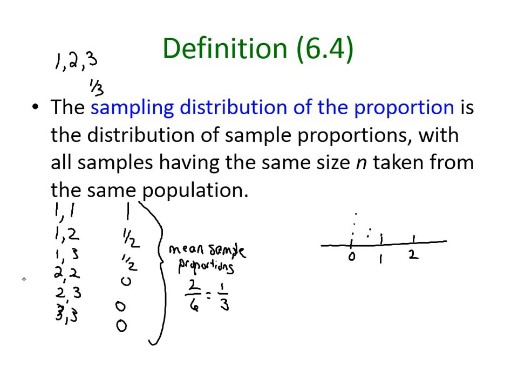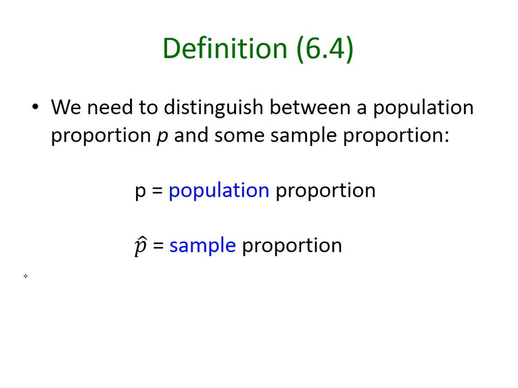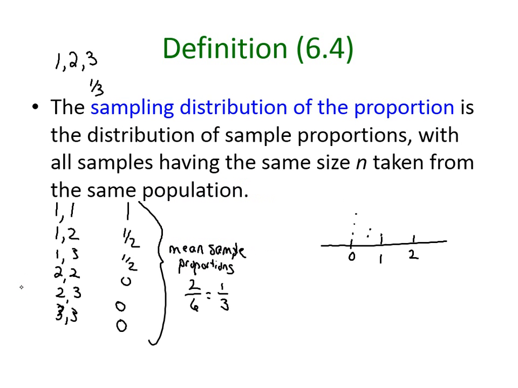I'm wondering if my problem is that I need to have the order matter. I guess I didn't label this. This was my population proportion, the 1/3. These were my sample proportions, each of these.